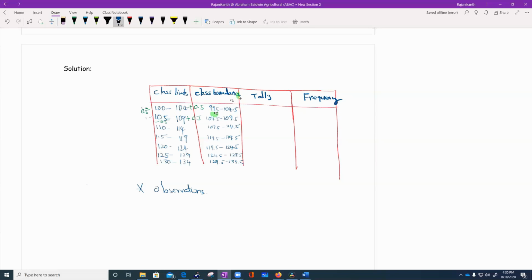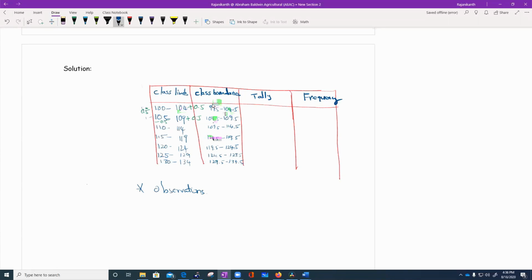Whereas if you check your class boundaries, the first class boundary ends with 104.5, and the next starts with the same number. That means there's a continuation in your class boundaries, but there is no continuation in your class limits. We prefer to have a continuation to draw pictures.